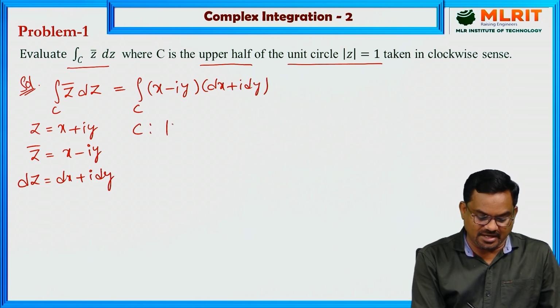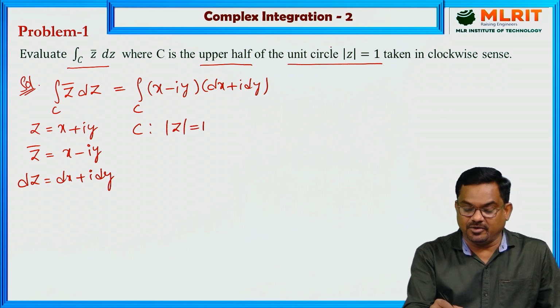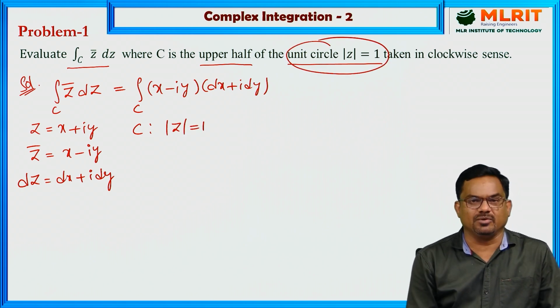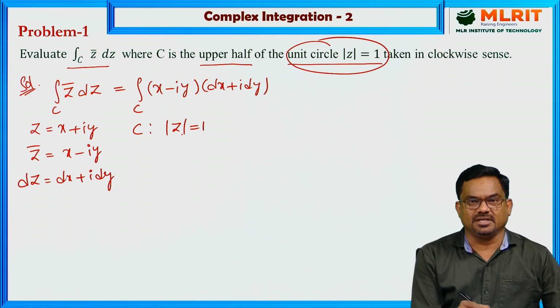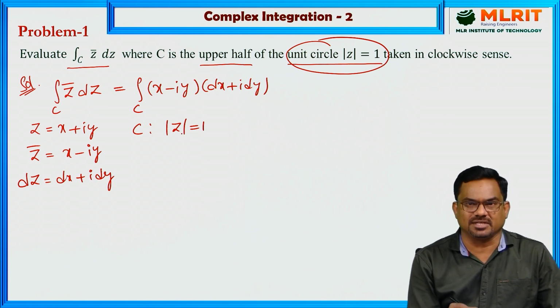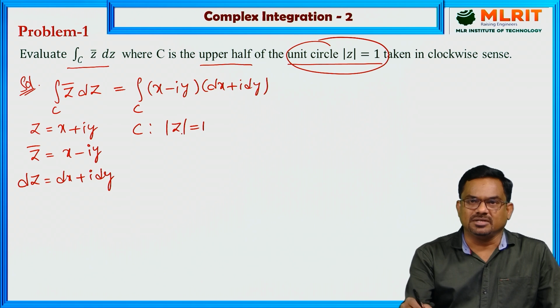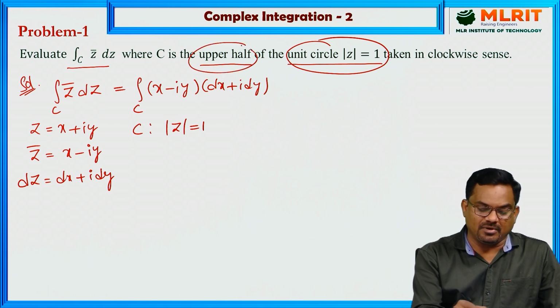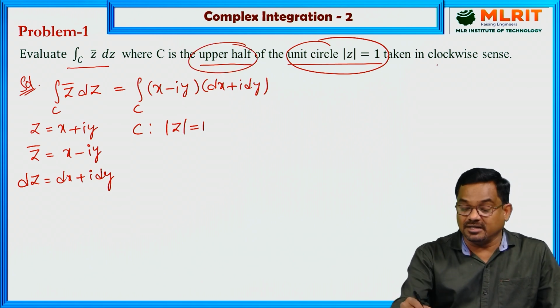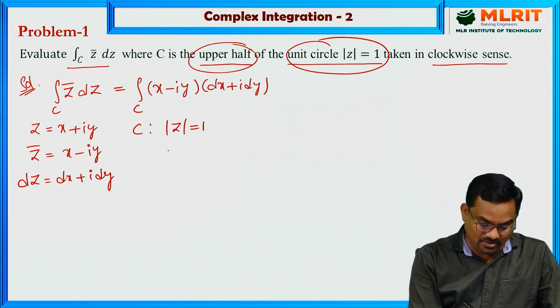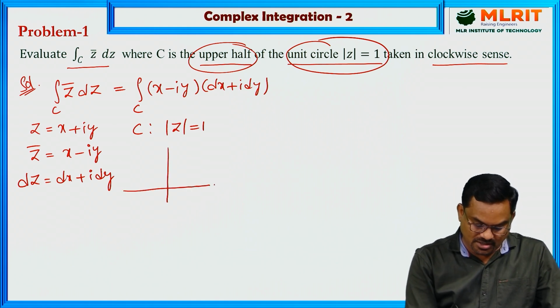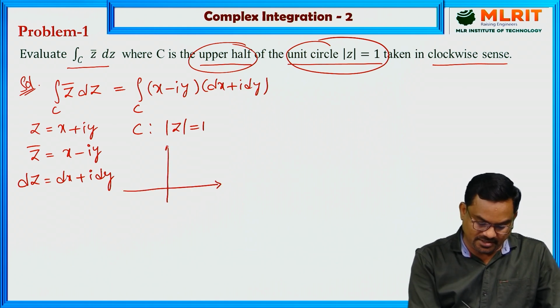The given curve C is a unit circle mod z equal to 1. It is a circle with a center at origin and radius equal to 1. That is why it is called unit circle. And we need to consider the upper half of that unit circle and in clockwise sense. So, let us draw the graph of the given curve.